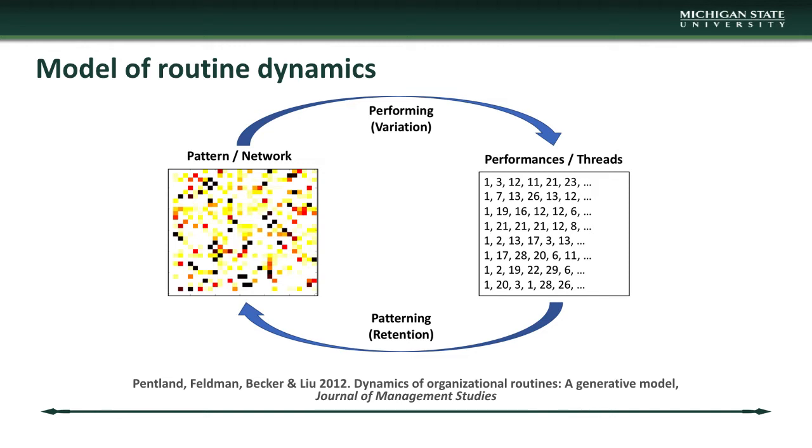On the left-hand side, you see the pattern or the network. You can think of the pattern as generating performances, so it's performing the performances. And then those performances will themselves tend to get retained back into the pattern over time. So that's the new language here: performing and patterning.